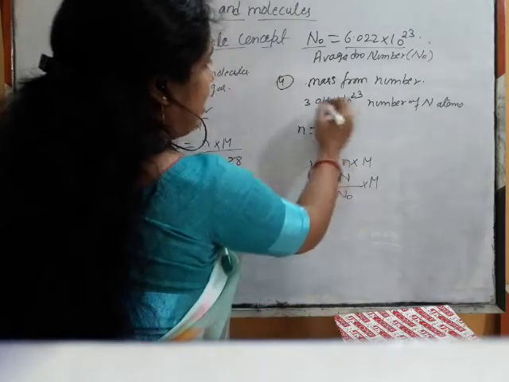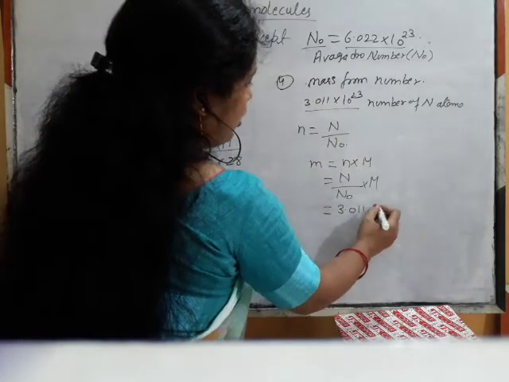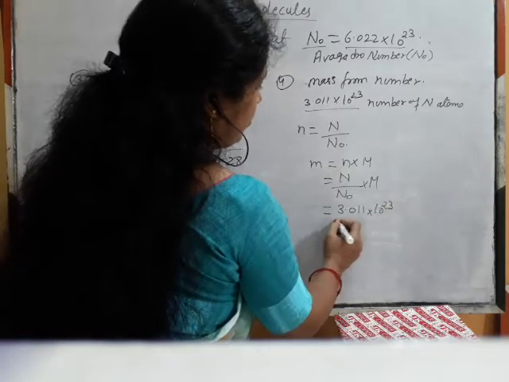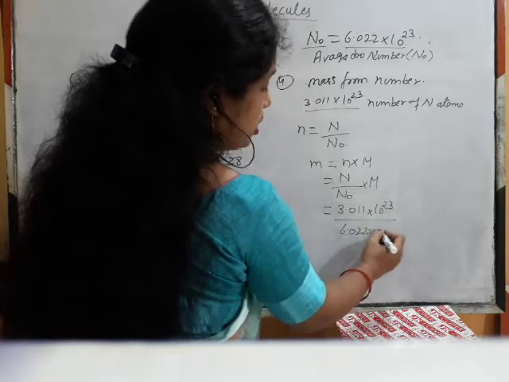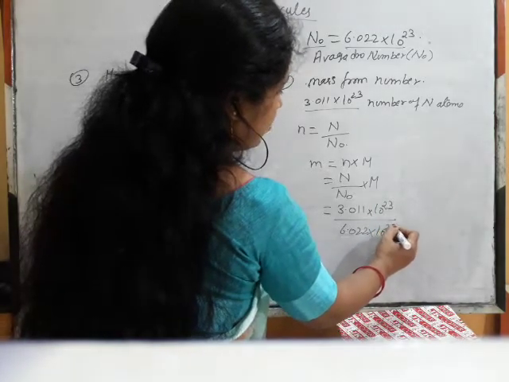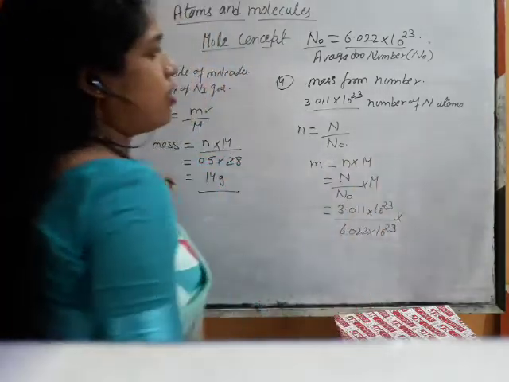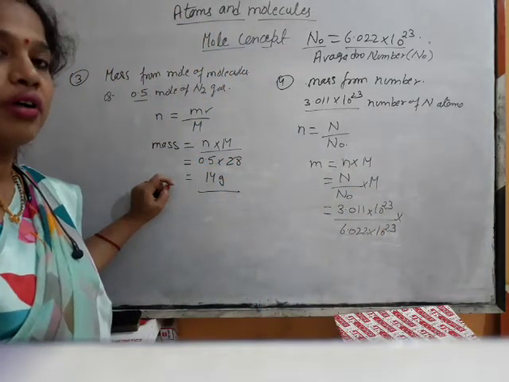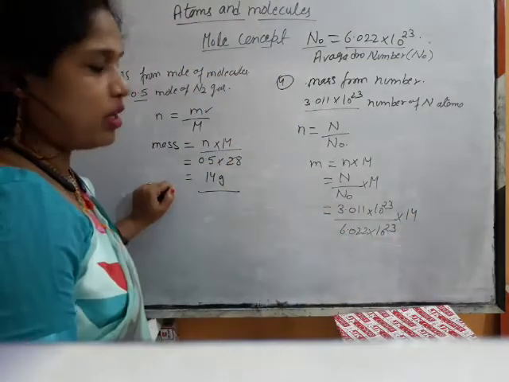So n is given: 3.011 into 10 raised to the power 23 upon our Avogadro number 6.022 into 10 raised to the power 23, into the gram atomic mass of nitrogen, which is 14. We know that.